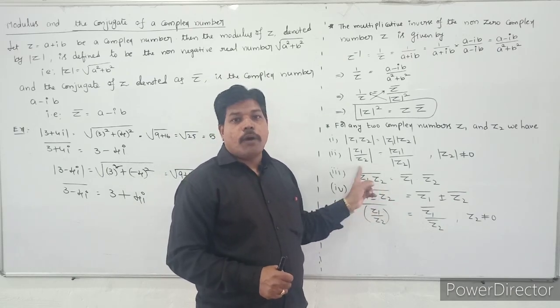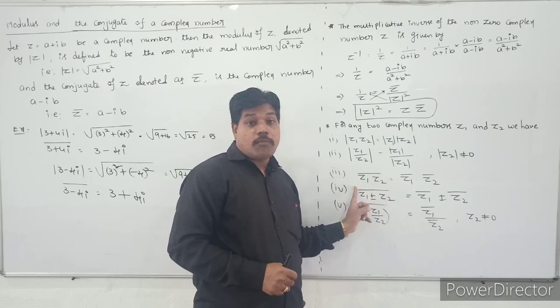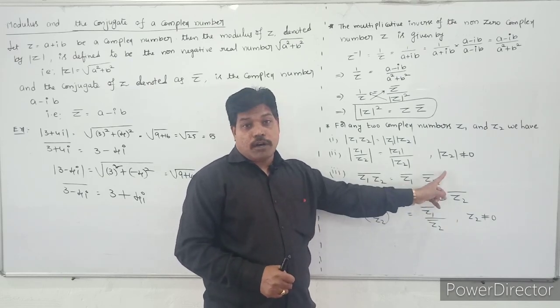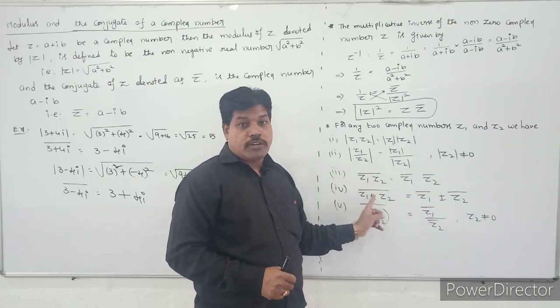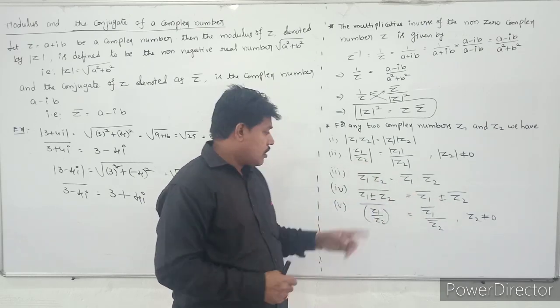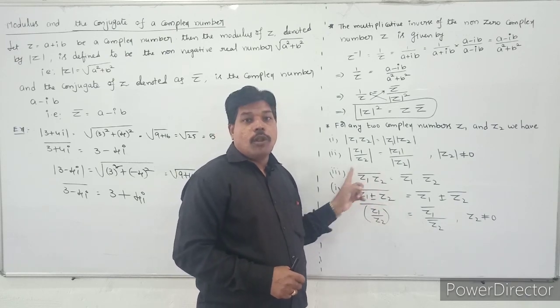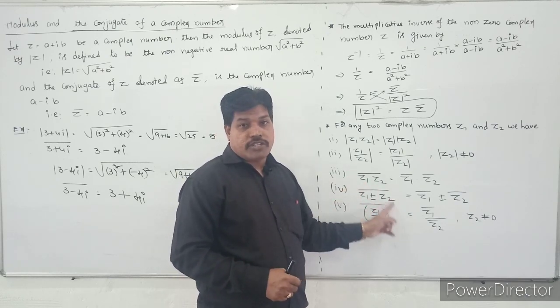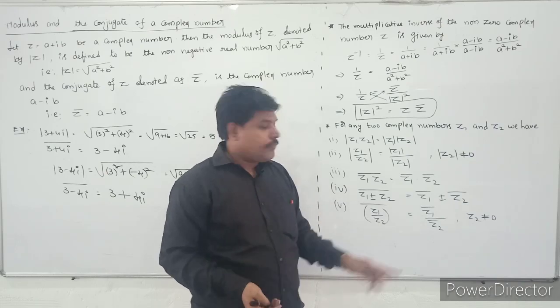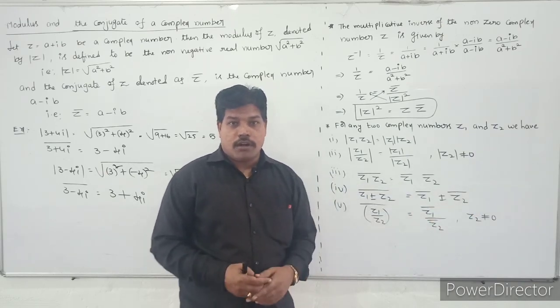z1 z2 whole bar is nothing but z1 bar into z2 bar. z1 plus or minus z2 whole bar can be written as z1 bar plus or minus z2 bar.